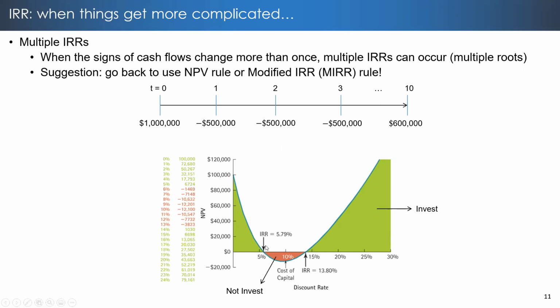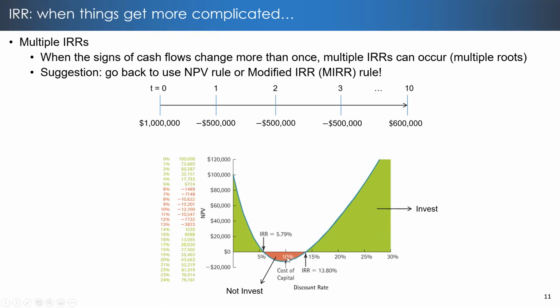So basically it means that for a discount rate less than the first solution of IRR, which is 5.79%, on the left-hand side of this, we take the project. Between the first solution and the second solution, if we have a cost of capital or a discount rate that lies within the range of 5.79 and 13.8, we reject the project.